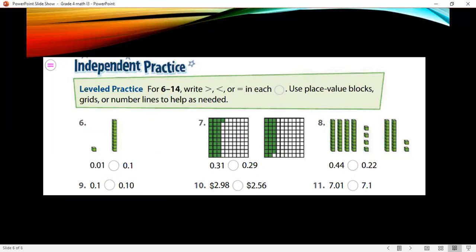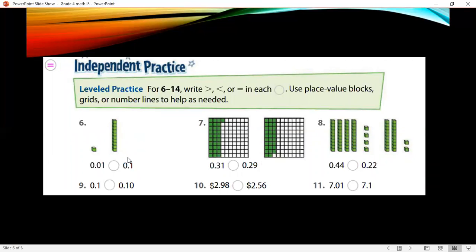For your independent practice, for number 6 to 14, write the values as bigger than, smaller than, or equal in each of these circles. Use place value blocks, grids, or number lines to help as needed.